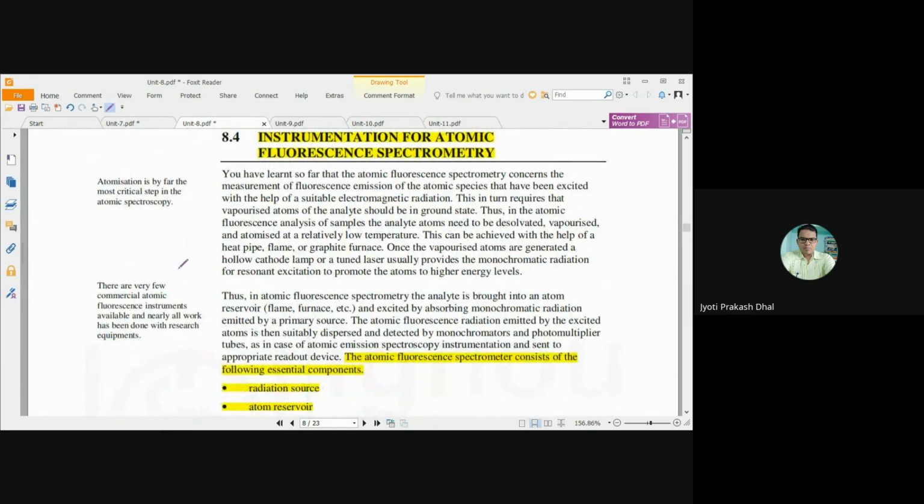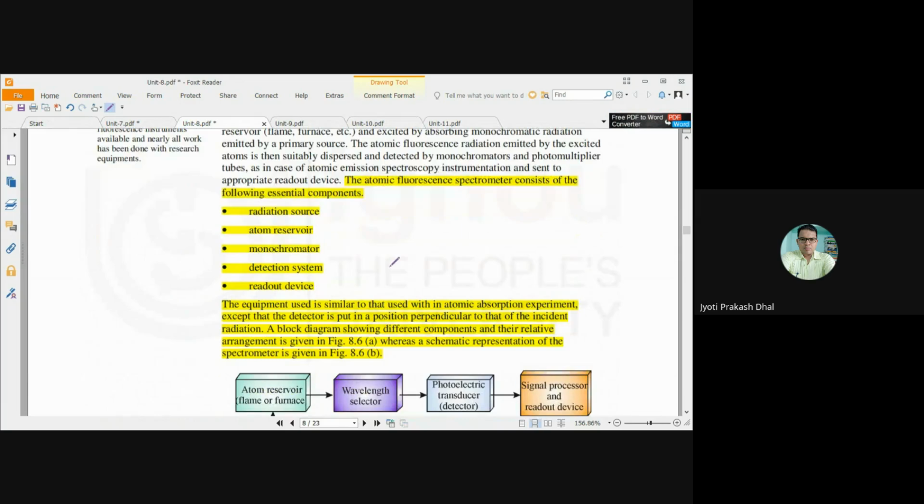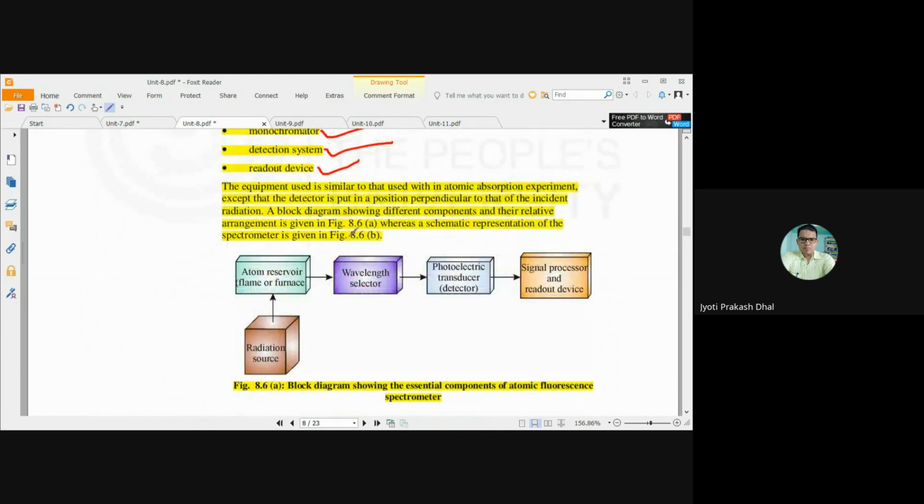Now we will discuss the instrumentation for atomic fluorescence spectrometry. The atomic fluorescence spectrometer consists of the following essential components. The first one is the radiation source, then atom reservoir, monochromator, detection system, and readout device. The equipment is similar to that used in an atomic absorption experiment, except that the detector is put in a position perpendicular to that of the incident radiation.